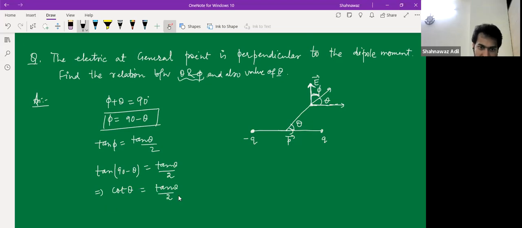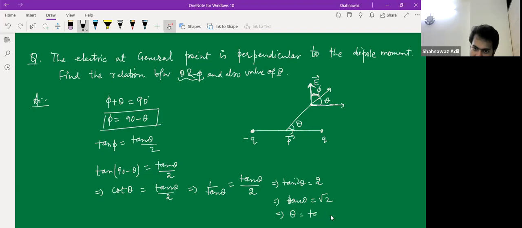Cot theta is 1 by tan theta, and this is tan theta by 2. So tan squared theta is 2. So tan theta is root 2, and theta is tan inverse root 2.